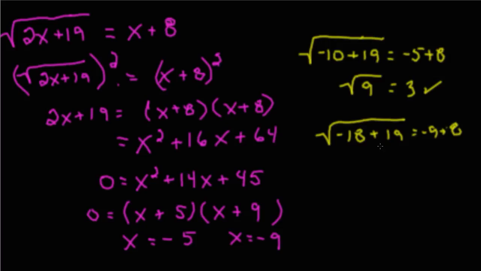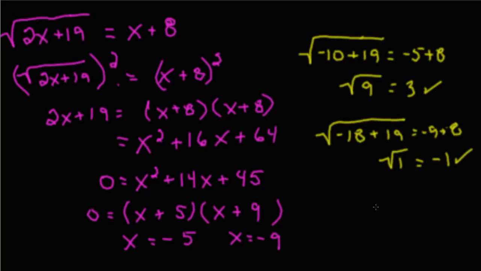So -18 plus 19 gives us the square root of 1, and that's equal to -1. Well, the square root of 1 can be a positive 1 or a -1. So that does check out as a possible solution. Because again, +1 times +1 is 1, and -1 times -1 is also 1. So that does check out.